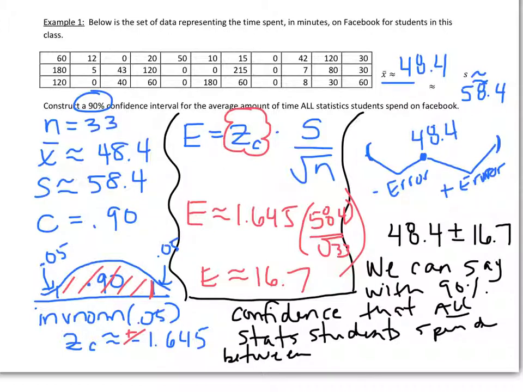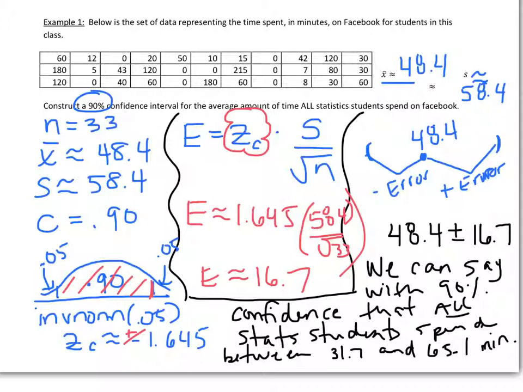When you subtract the error, you get 31.7, and when you add the error on, you get 65.1. Okay, so we can say with 90% confidence that all STAT students spend between 31.7 and 65.1 minutes on Facebook. Okay, that's what we actually found.